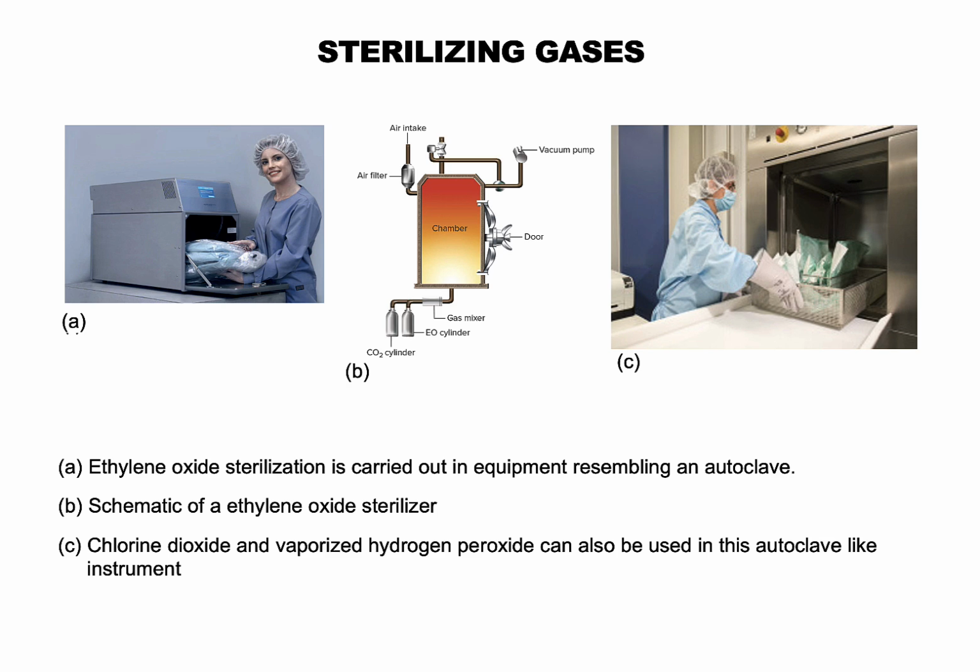Ethylene oxide is recognized as a form of cold sterilization. However, it is also carcinogenic and highly explosive. When properly handled and aerated post-treatment, ethylene oxide proves to be an effective sterilization method commonly used in medical environments. In addition, chlorine dioxide and vaporized hydrogen peroxide are also used for sterilizing heat-sensitive materials.